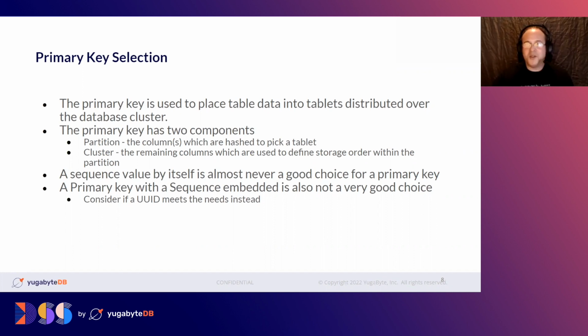There's things you can do with caching blocks of sequence numbers to make that more efficient. But if all you really need is uniqueness and you're modernizing an application for a distributed environment because you've decided that the scalability, the high availability, the other advantages of distributed SQL are what you want, then consider if a UUID meets your uniqueness requirements, and try to eliminate sequences where possible.